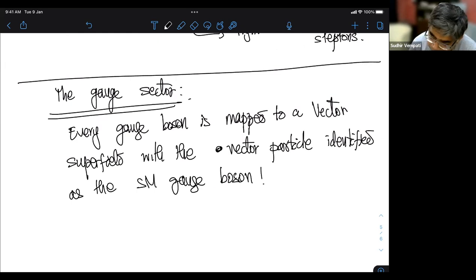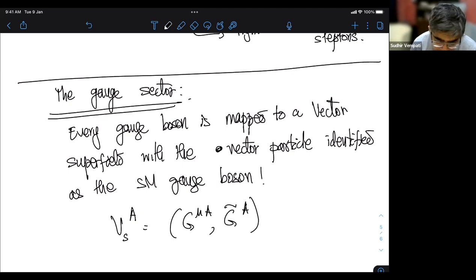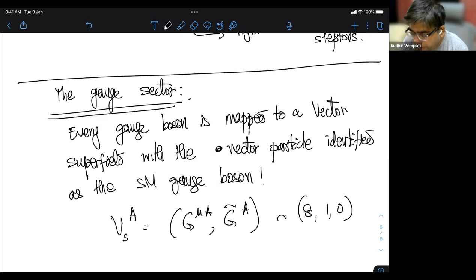So how many gauge bosons do you have? Gauge bosons for the strong sector, let's call it V_S^A. There is G_mu^A, and then there is G tilde A, which transforms as 8, an octet under the SU(3) group.